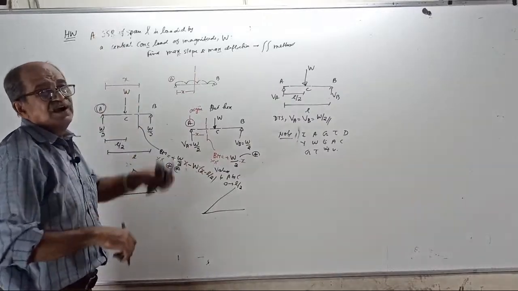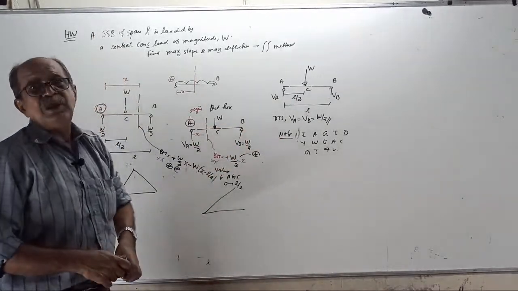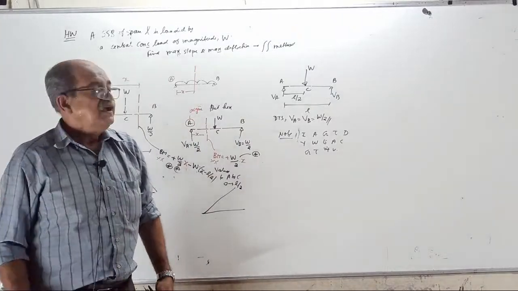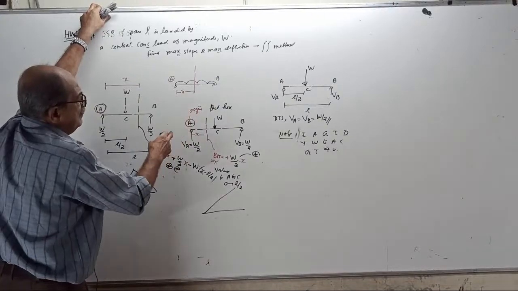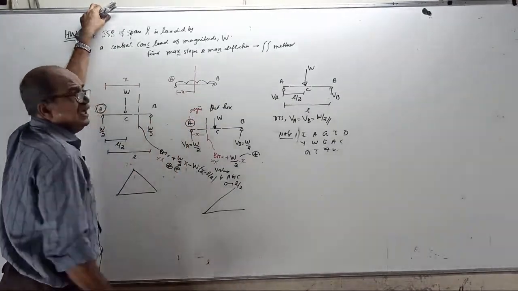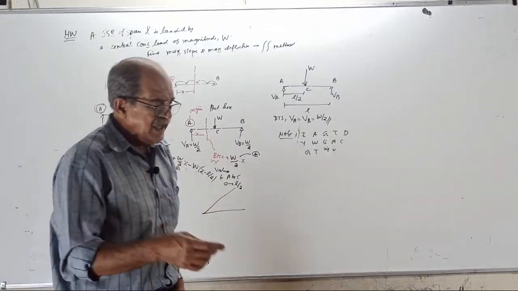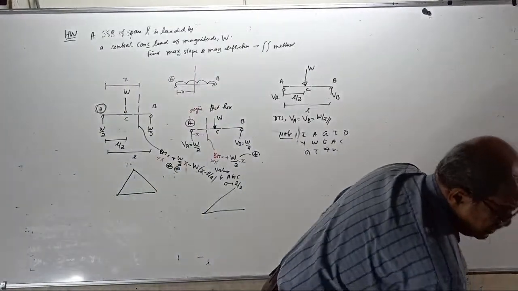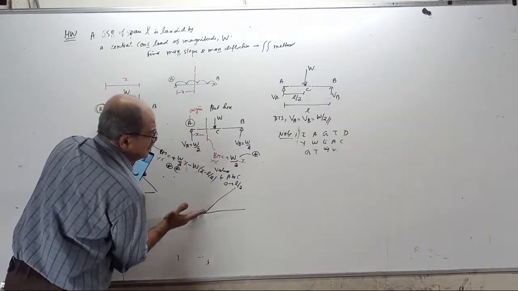It is wrong. Why? The moment you cross the point C, the BM equation will change. The expression for BM that you wrote for AC is not valid for the CB portion. Is it fully clear? If you use the same equation by mistake, it will give a diagram like this.